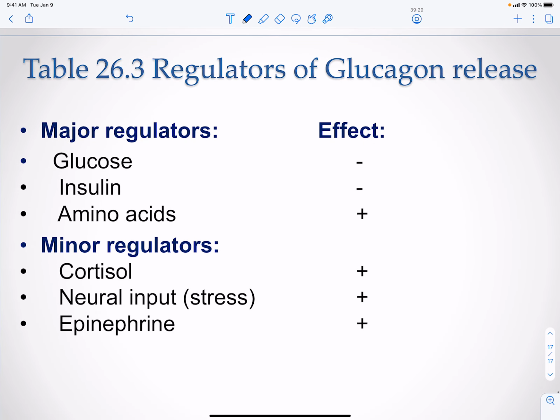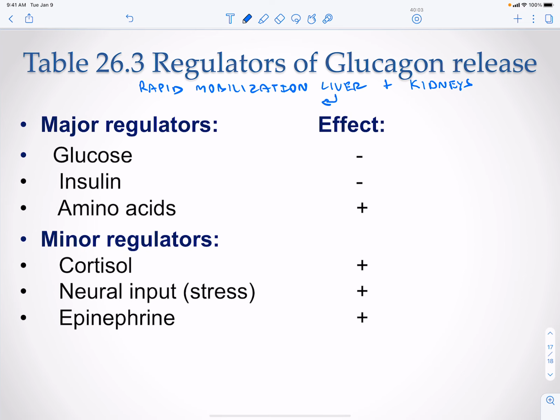Now, with respect to glucagon release, again, remember, glucagon never goes down to 0. So glucagon is going to be rapidly mobilized in the liver and kidneys, especially when your insulin levels go down. And then remember, the liver has to maintain blood glucose.